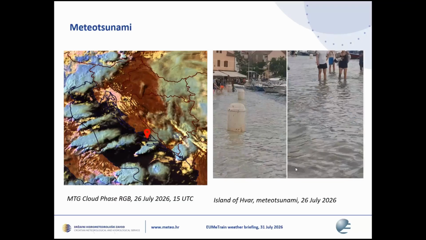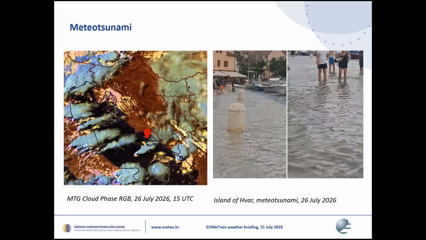So you can see the location of Hvar Island on this map, but also you can see that we have some intense storms above the sea, and that's probably the reason why the meteotsunami happened in Hvar. Of course, some locations, some islands are more prone to meteotsunamis than others, but they are really rare. But this July it really happened quite often.